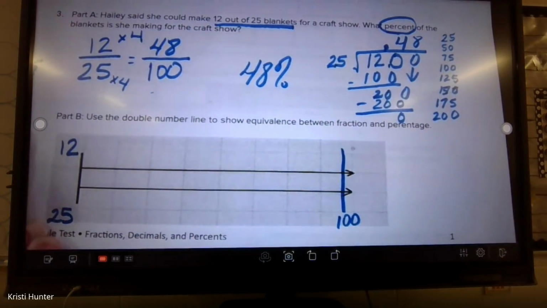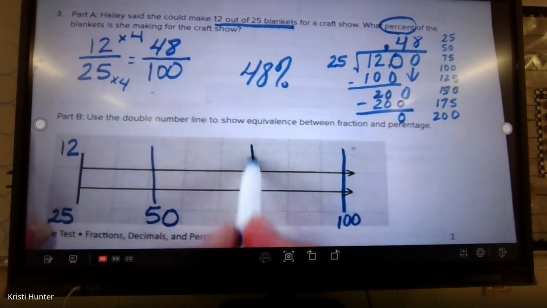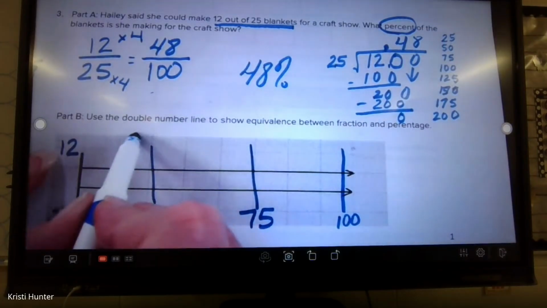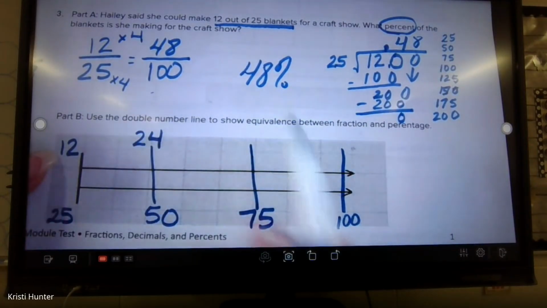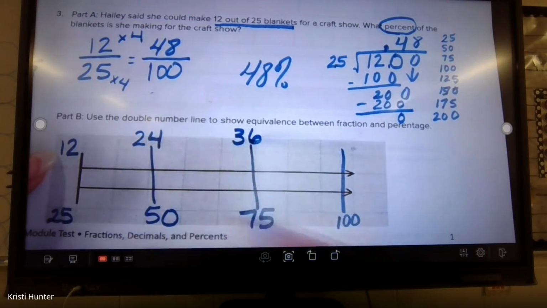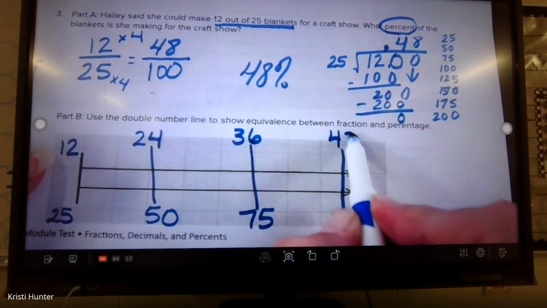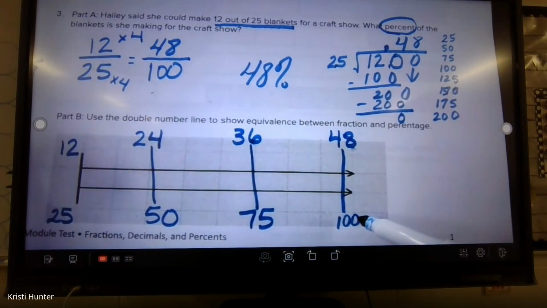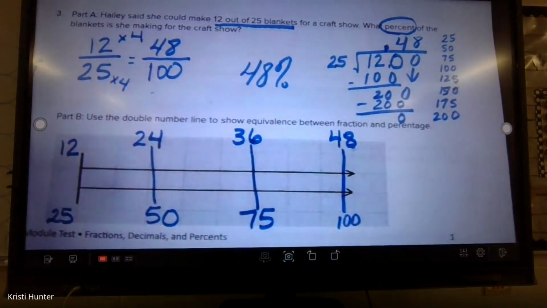So bottom tells me to count by 25s: 25, 50, 75. Top now tells me to count by 12: 12, 24, 36, 48. So I have 48 hundredths, which is 48%.